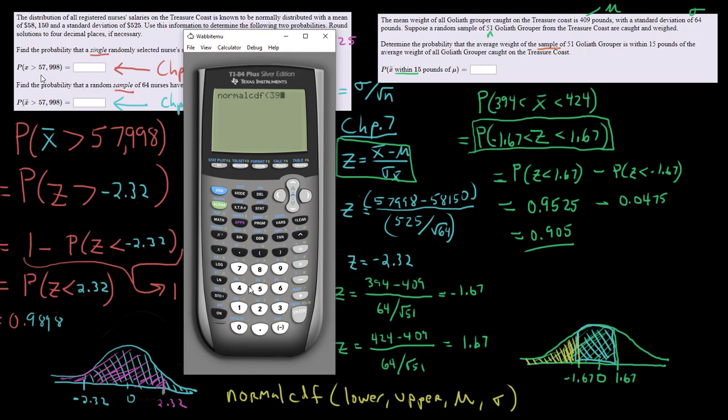So 394, comma, 424, comma, the mean, which was 409 pounds. But I got to make sure to type in not sigma, but the standard deviation of the sampling distribution, which is sigma over the square root of sample size. So 64 is the sigma, population standard deviation, divided by the square root of sample size, and the sample size was 51.